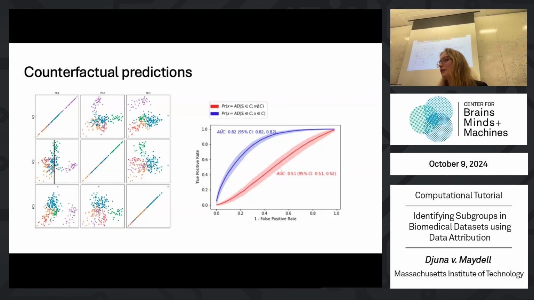Essentially it predicts that if you train and evaluate within that group, of course you'll perform well because they're similar, but you'll perform less well on the other group, and vice versa.